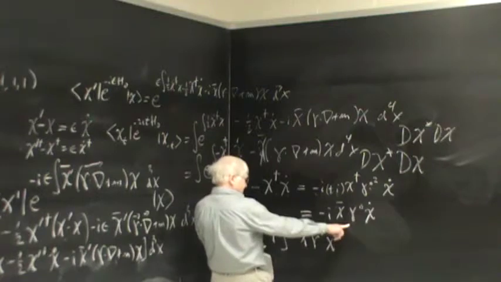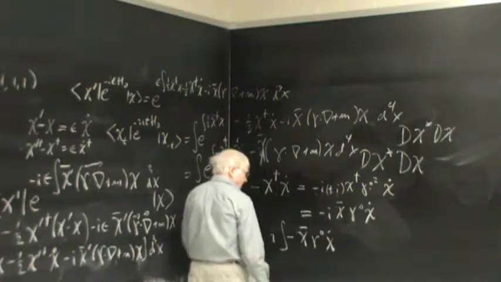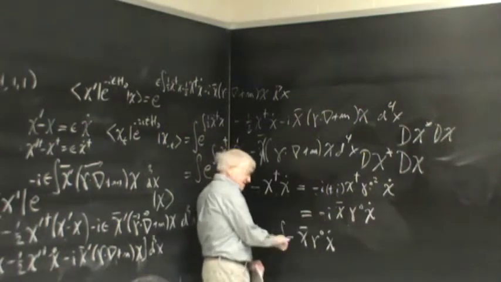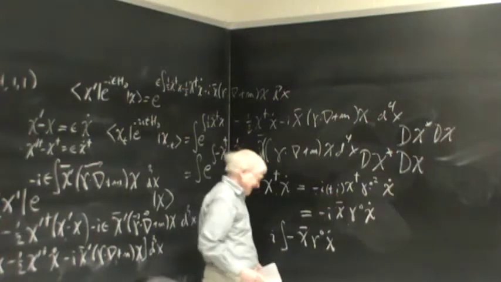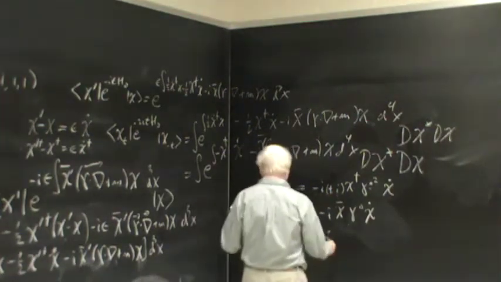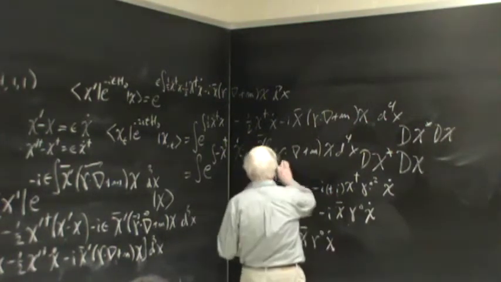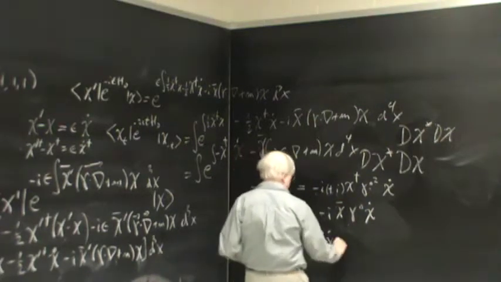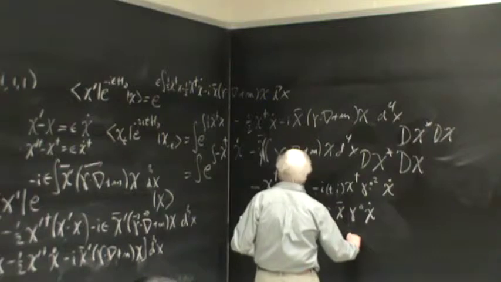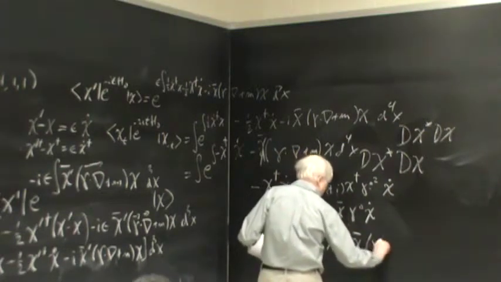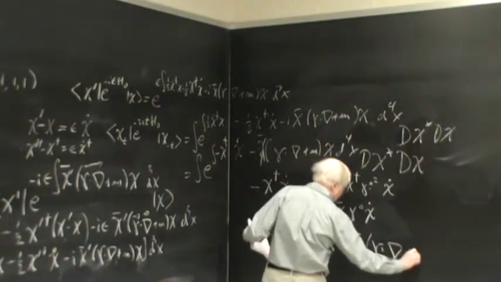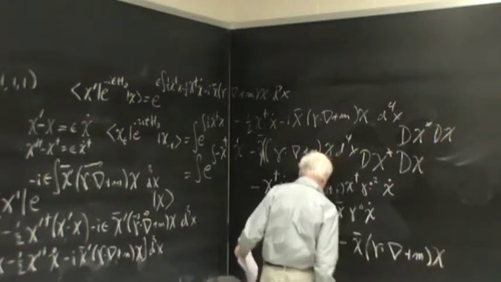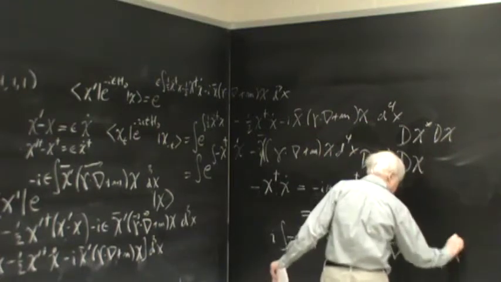So I've written this sort of in a backwards way. I've commuted the minus sign through the I. And then the rest of it is up here, which if there's an I here, it's just minus chi bar gamma dot grad plus m chi d fourth x.